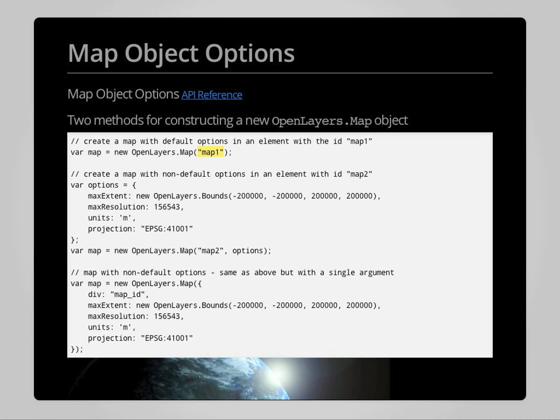So if we look at the HTML document that contains the map client that we're designing, we will find a div with an ID of map1, which is what this particular map object would be attached to, and where the map content that this map object will manage would be displayed.